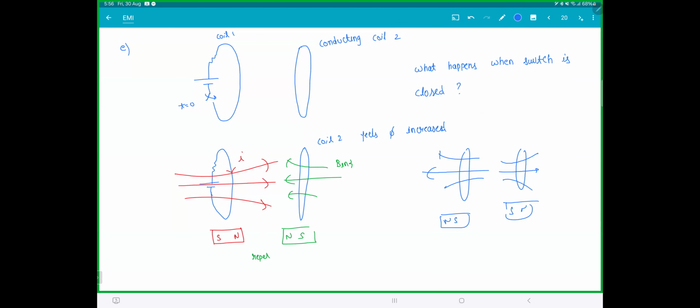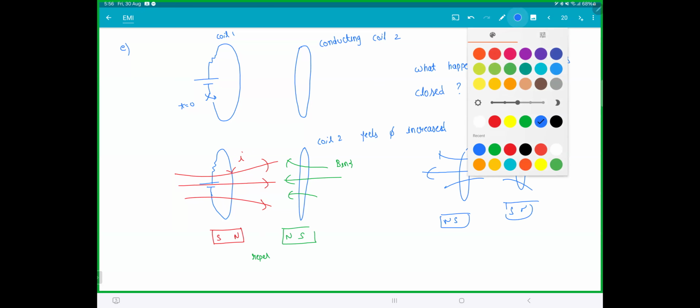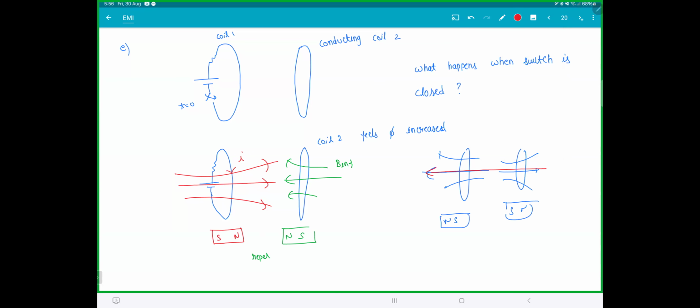So it doesn't matter about the direction of the current. If the field lines are going like this, it will try to generate a flux to oppose this. So B induced will be in this direction. So it will be south-north and south-north. They'll still repel. So it doesn't matter how you close the switch, whether current goes clockwise or anti-clockwise, they'll always repel. Clear?